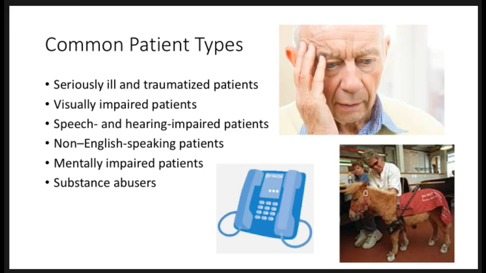It is their right to understand what's going on in their healthcare at any given time. And even though people speak English, that may not be their first language. So you need to be sensitive to that and ask them if they want an interpreter, even though they can speak English with you, just to be sure that they're comfortable understanding their medical care in a language that's maybe not their first language.